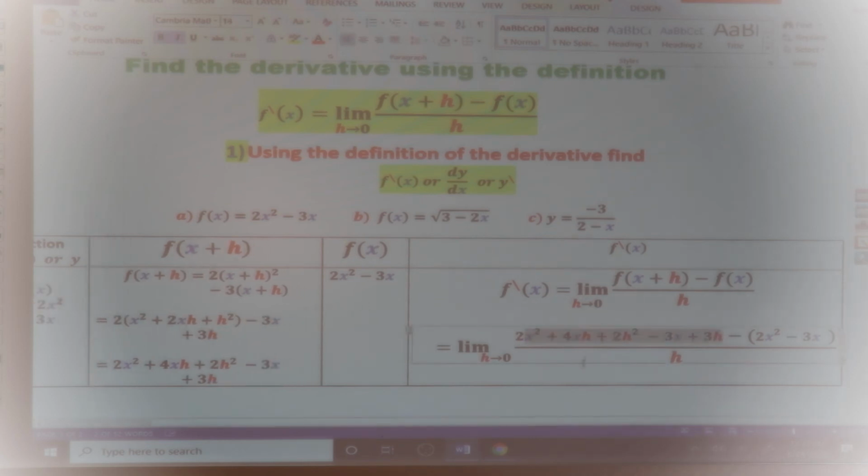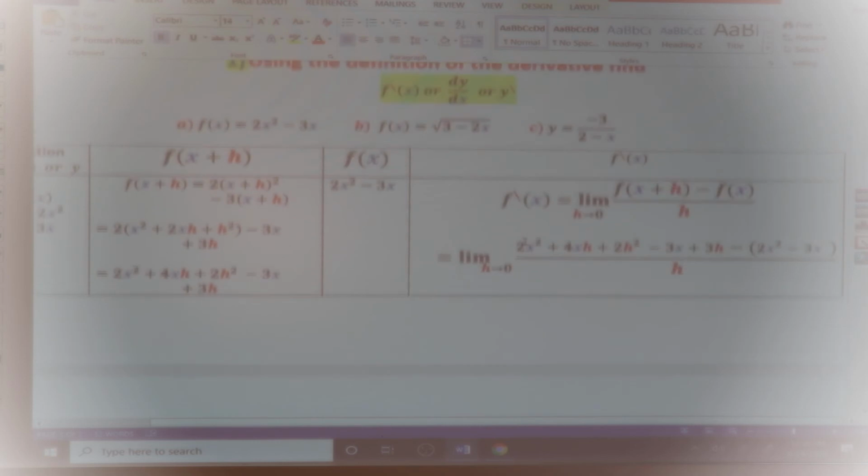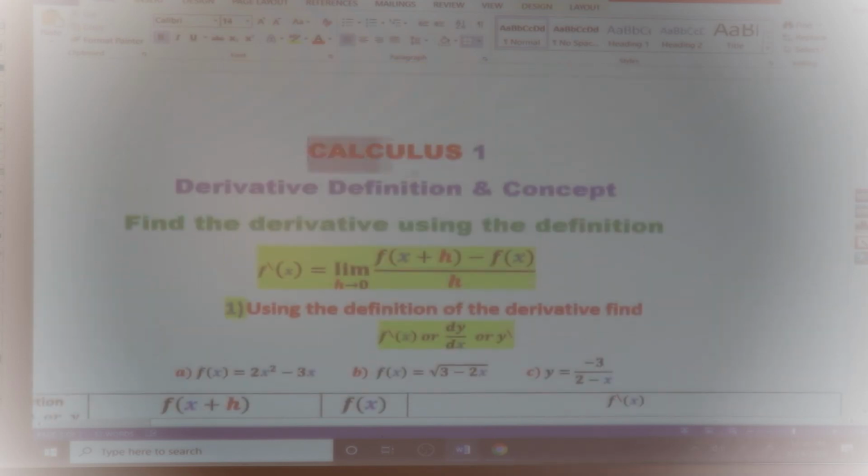Good. Now what we need to do is simplify. Let me make space and make this smaller.